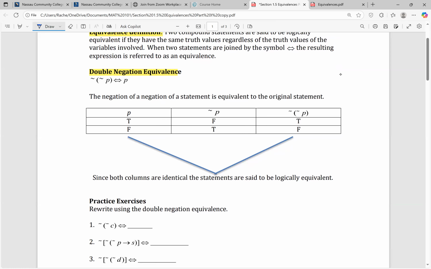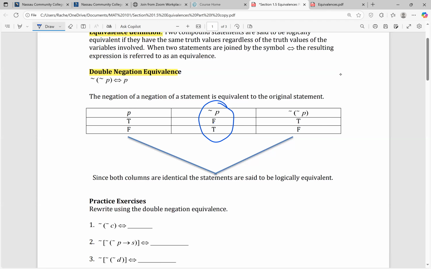Let's say we compare P and not P. So here's P. P is either true or false. And if we negate P, then true becomes false, false becomes true. But now let's negate not P again, the negation of P. So we're negating the values that are in the second column.